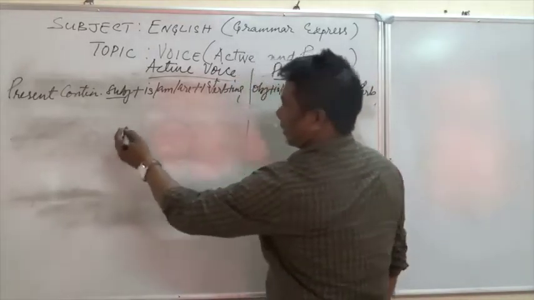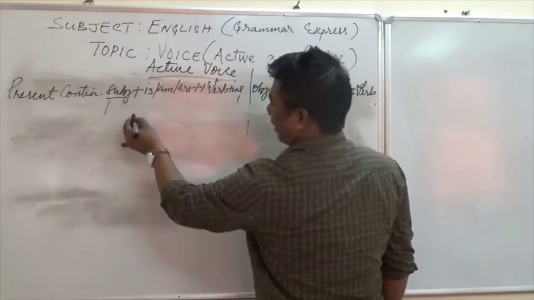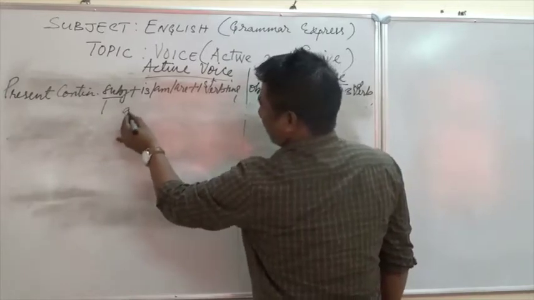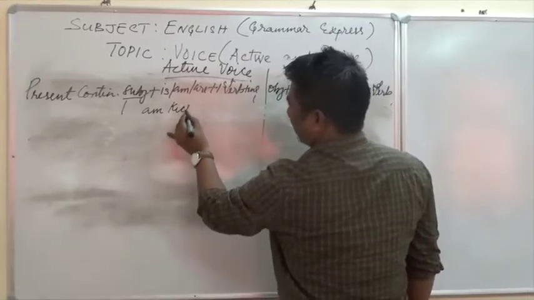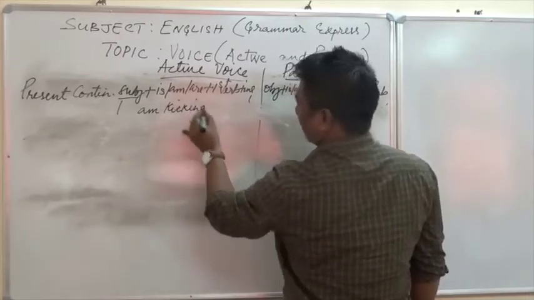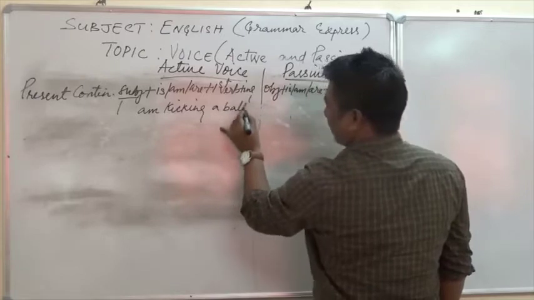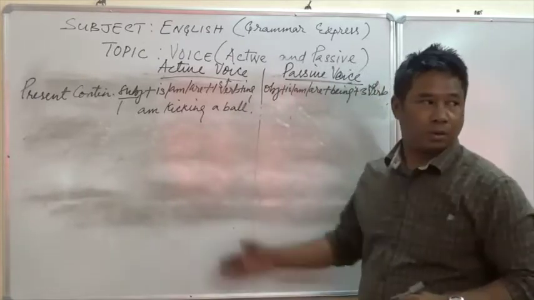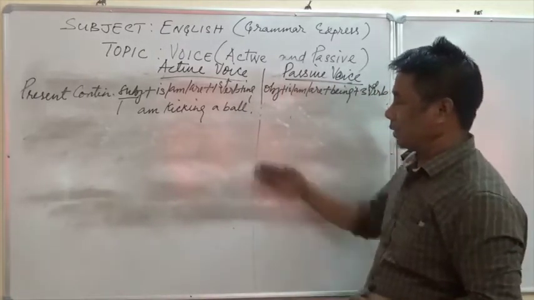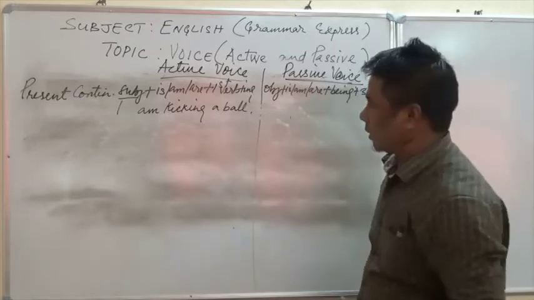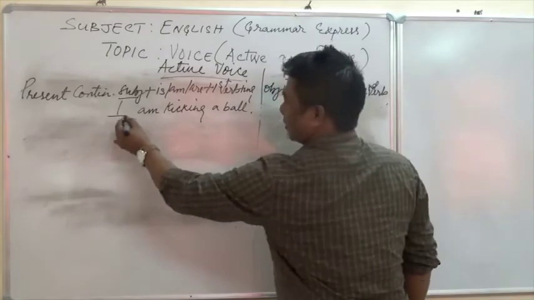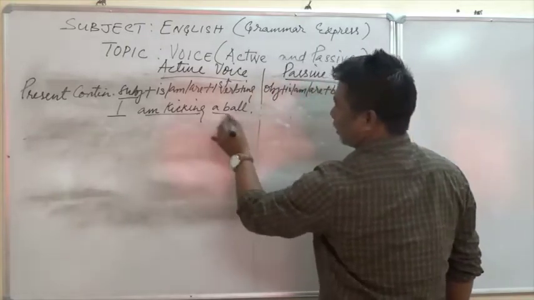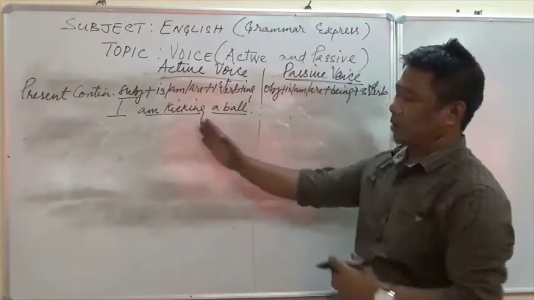So let's take the example of I am kicking a ball. I am kicking a ball. So let this be the sentence here. The subject, verb and object: the object is a ball.